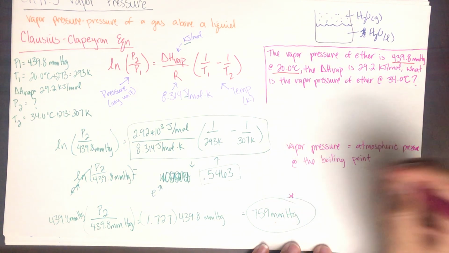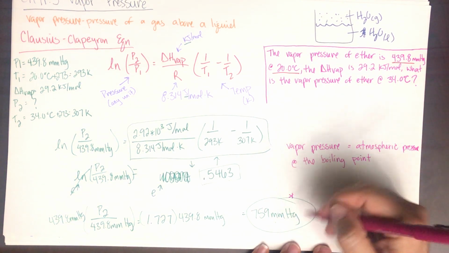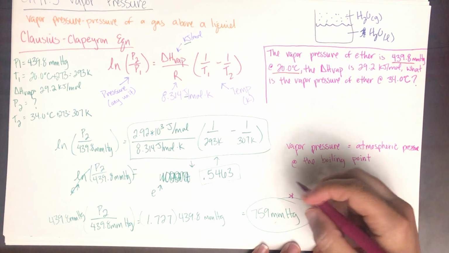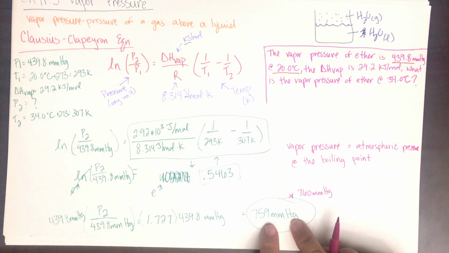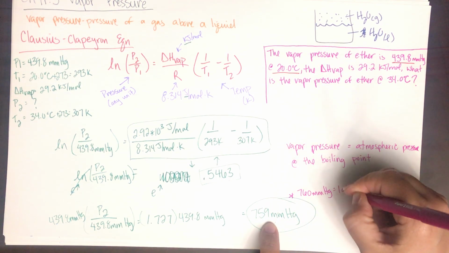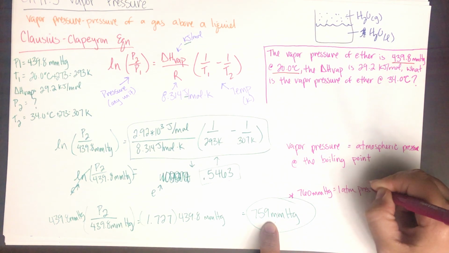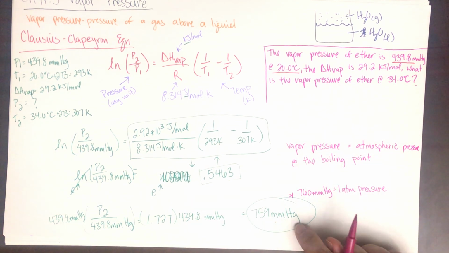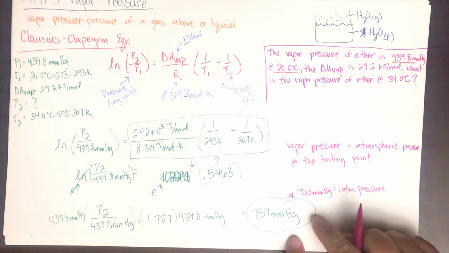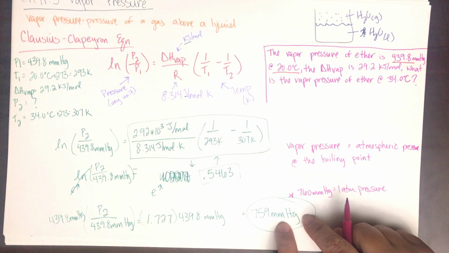One thing, a red flag that may or may not arise, is that 760 millimeters of mercury, which is almost this, is 1 atmosphere of pressure. This is atmospheric pressure at sea level. So let's assume that this is atmospheric pressure.